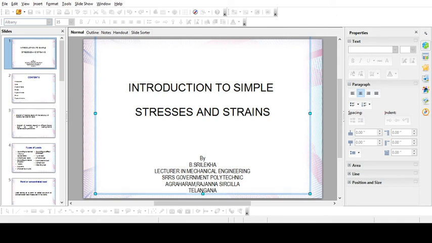The deformation here is simply a decrease in length. So this decrease in length by original length is simply compressive strain. We can also write compressive strain as the decrease in the load by the original load.